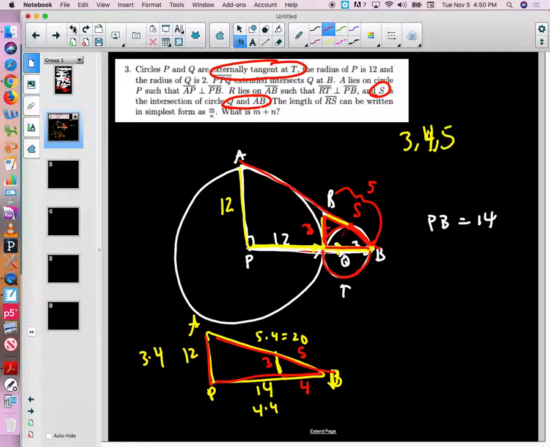And I'm trying to think, I can't remember why I knew that was perpendicular. S to T. Oh, okay, we know that's perpendicular because of this 180 degree angle right here.